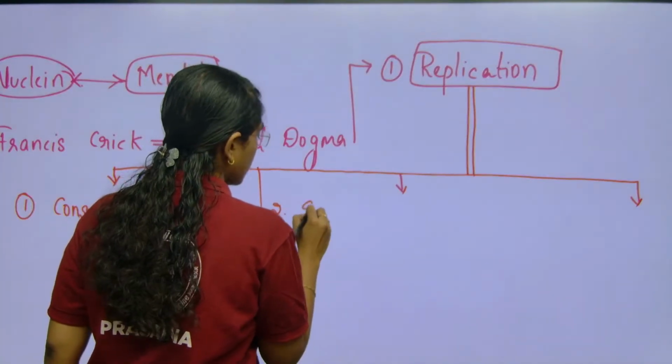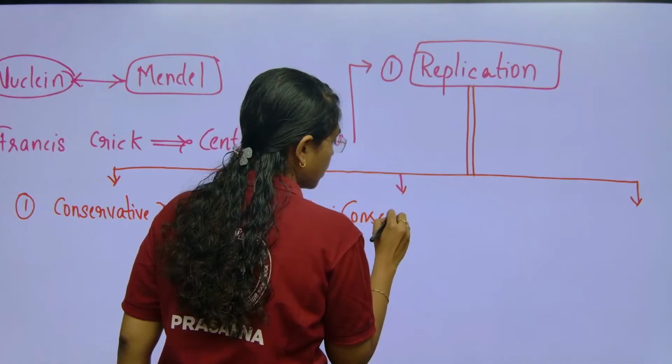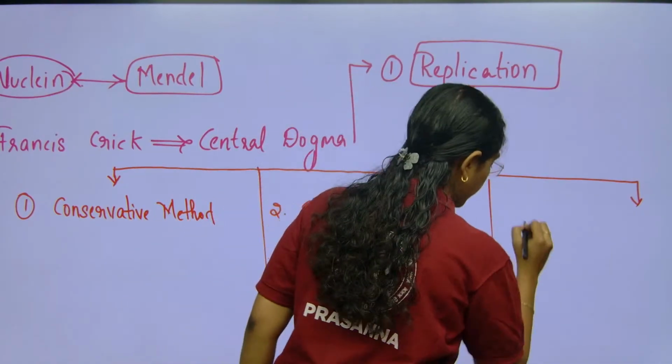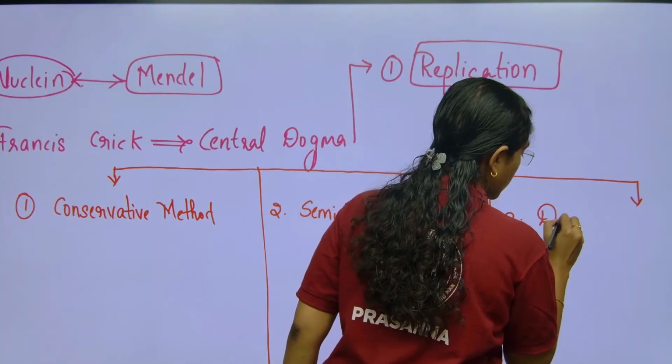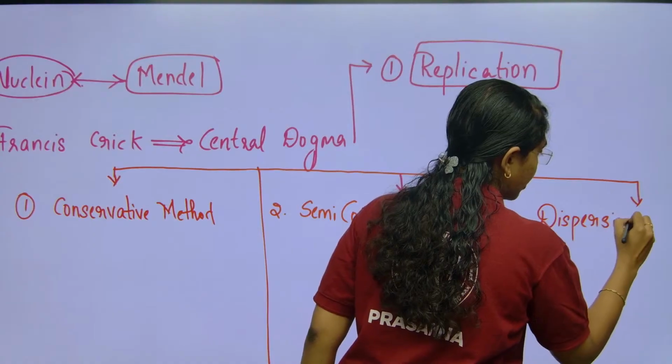Second, the semi-conservative method. And third is the dispersive method of DNA replication.